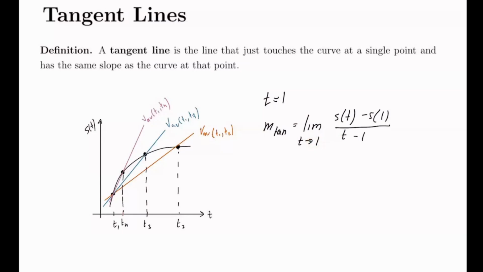But if we look at the points that are very, very close to this one, we are essentially approaching the value of 3 as we saw before, right? So that means that for the tangent line to the curve at (1, 4), the original example, the slope of this tangent line is equal to 3.